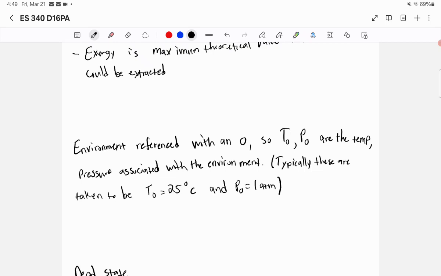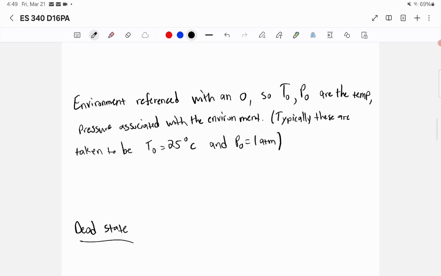Okay, and that leads me directly into this discussion about what's called the dead state. The dead state is when the system in question, which for my starting example was that hot cup of coffee, has equilibrated with the environment.